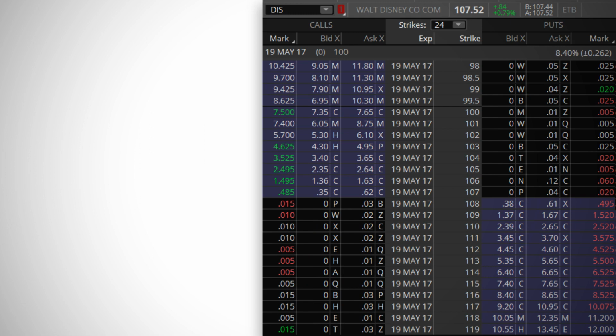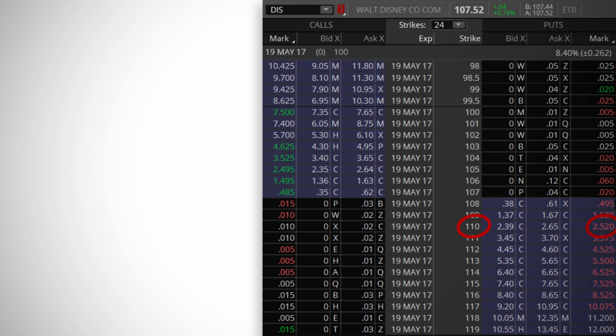Looking through the option chain, we see the 107 call should be worth about 52 cents, and it is. The 104 strike price call has $3.52 of intrinsic value, and that is right in the range of where it finished trading. For every dollar we go deeper into the money, the option will also increase by $1. Looking at the puts, the 110 put should have a value of about $2.48, and we can see that's also right where it ended up.